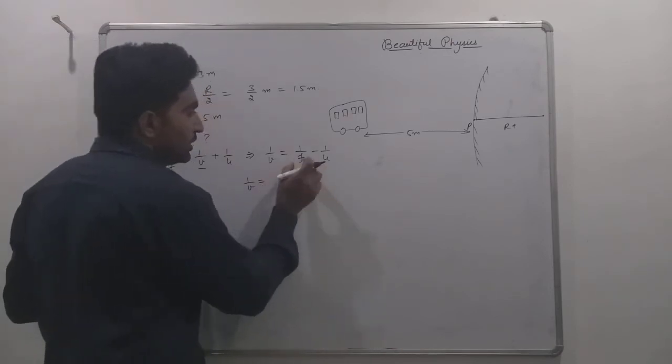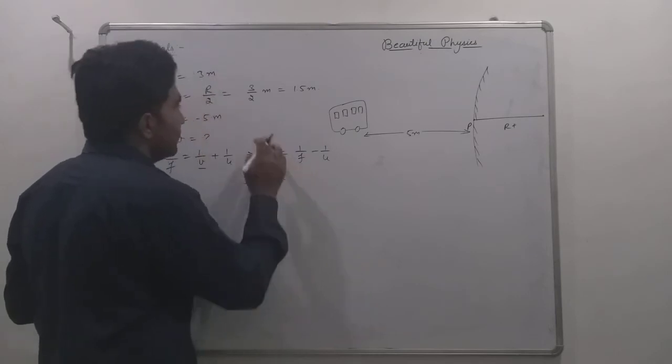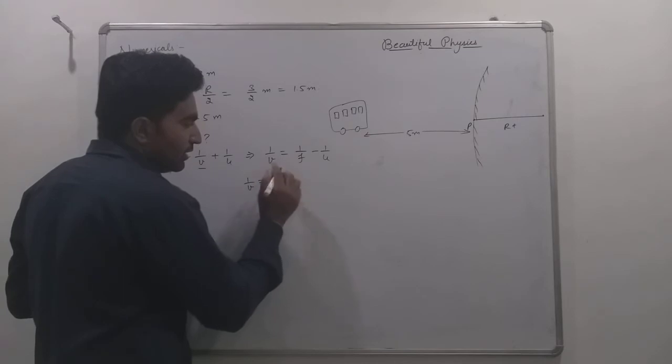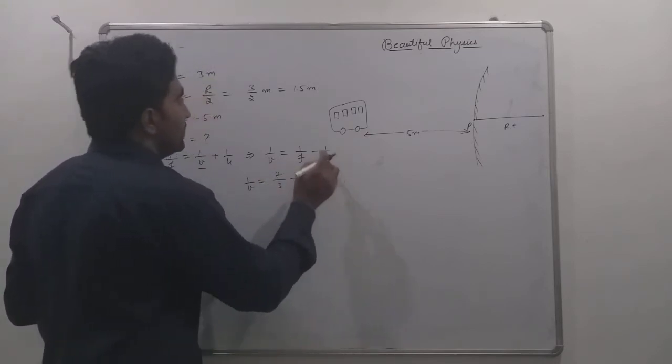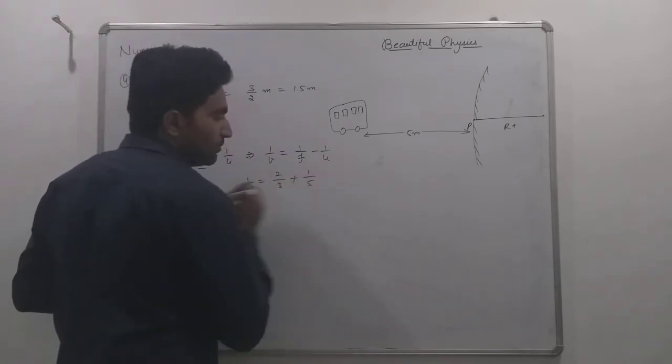So in place of f you will put 3 by 2, and 3 is here and 2 is multiplied on the numerator. Then minus 1 by u, in place of u we will put minus 5, and minus minus plus.